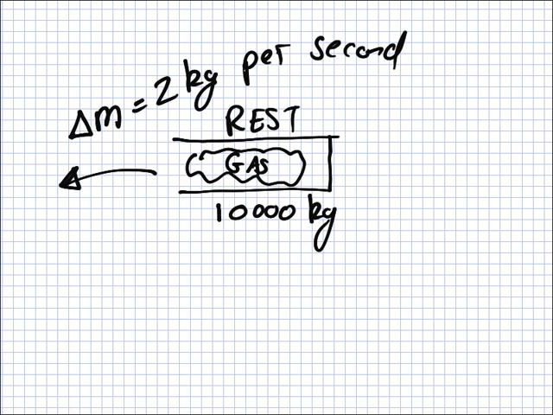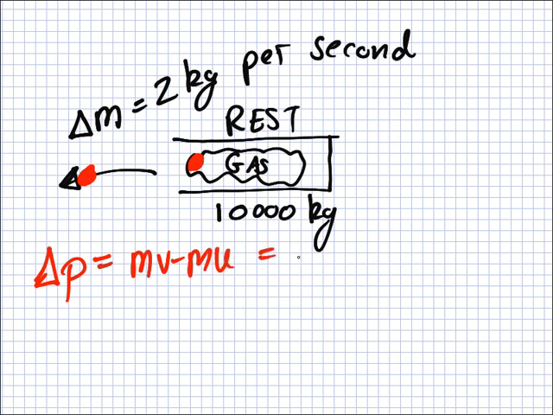And usually it's per second here. So, if you want, you can say that's delta M over delta T, but I'll just write it like that, delta M, 2 kilograms per second. Okay. So let's imagine, here's the gas here, there's the 2 kilograms. First it's at rest, and now it's not. So what was the change in its momentum? Well, that would be mv minus mu.